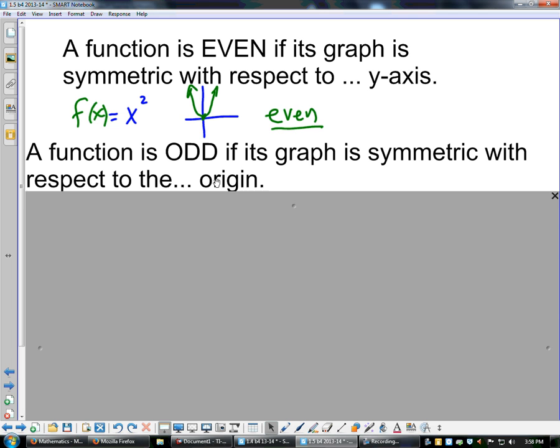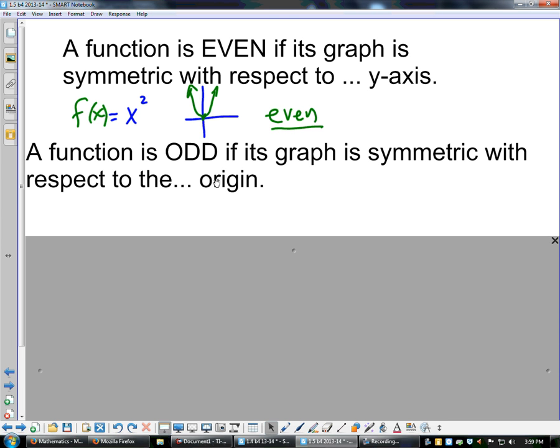A function is odd if its graph is symmetric with respect to the origin. Remember, symmetry with respect to the origin means it's going to pass a 180-degree spin test. So, for example, if I sketch a graph that looks like this, all right, I'm just going to give this away, this is the graph of f of x equals x cubed.